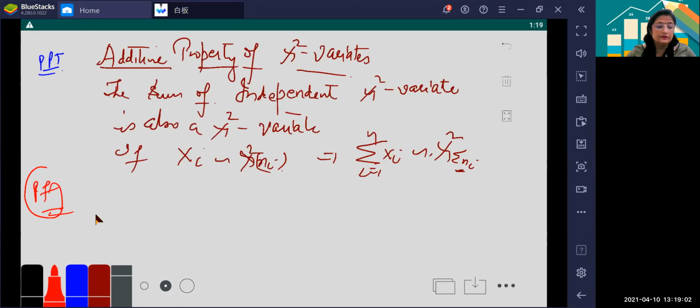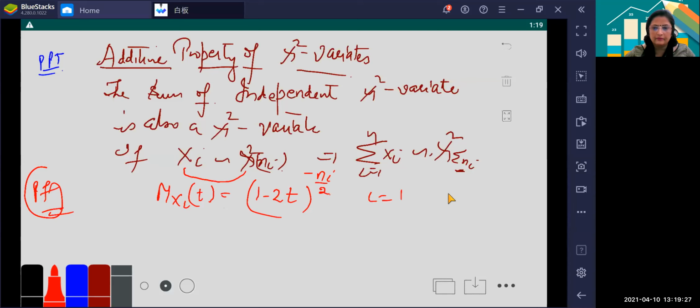So what we have given, we will do it by the method of moment generating function, okay? Each of these x, what are they following? Chi-square. So their mgf will be 1 minus 2t raised to power minus ni divided by 2, i running from 1 to k.